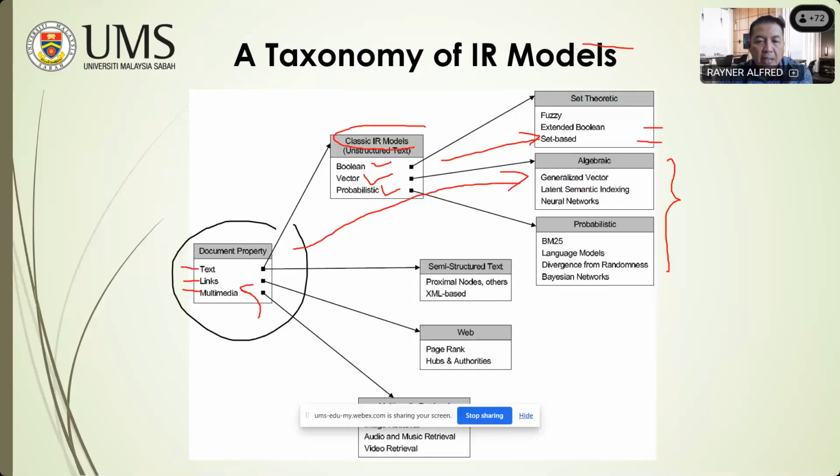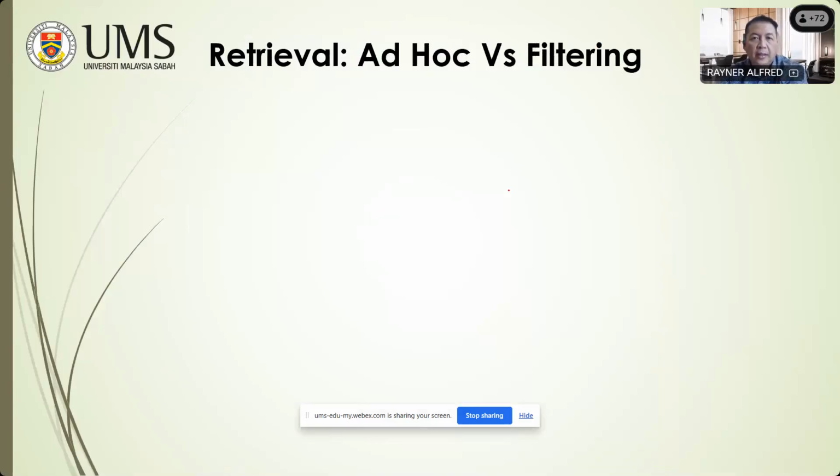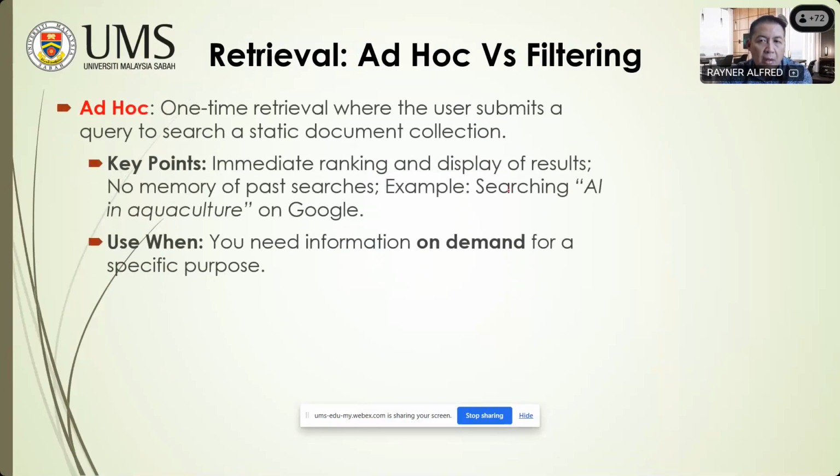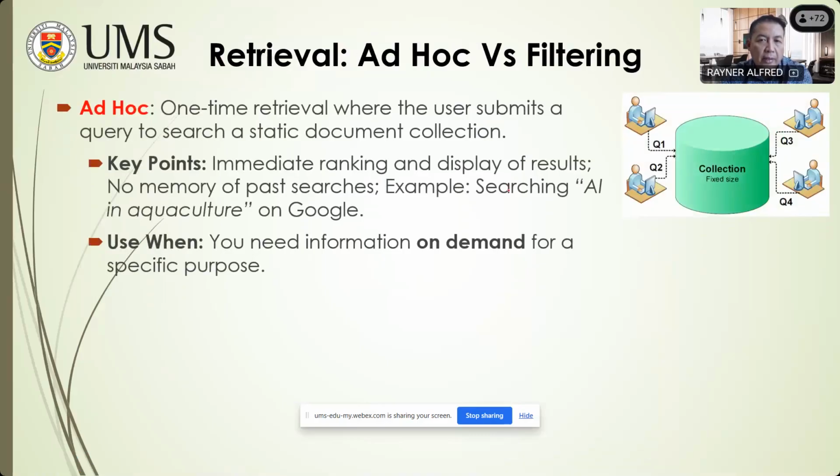Similar to the course that you are taking in text mining, you will see the same thing in text mining, for example, TF-IDF. So in retrieval, we have this ad hoc and filtering. So what is ad hoc? Ad hoc is a one-time retrieval where the user submits a query to search a static document collection. For instance, you are looking at certain concept or certain document, and then you just type in Google.